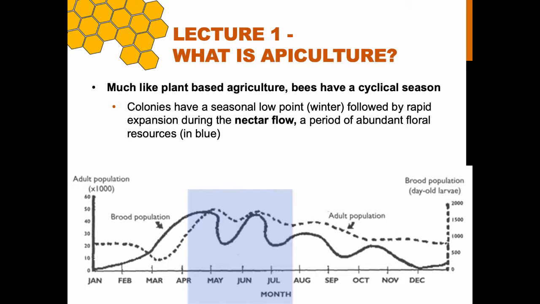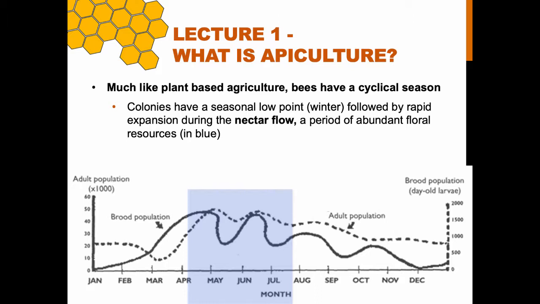And much like plants, we expect a cyclical seasonal cycle. And I already touched on this, so I'll just glaze over this. This is functionally the same picture that I've got right here, except this one includes the adult population on a dotted line and the brood population, the immature bees, on a solid line. But functionally, we see the same thing, which is that bee colonies typically have a seasonal low point in the winter time.